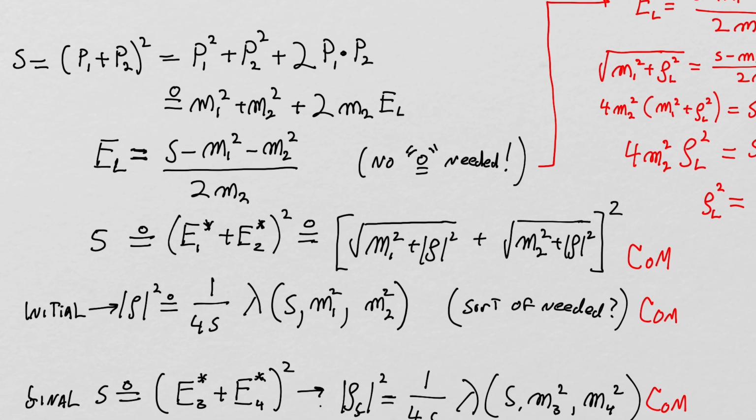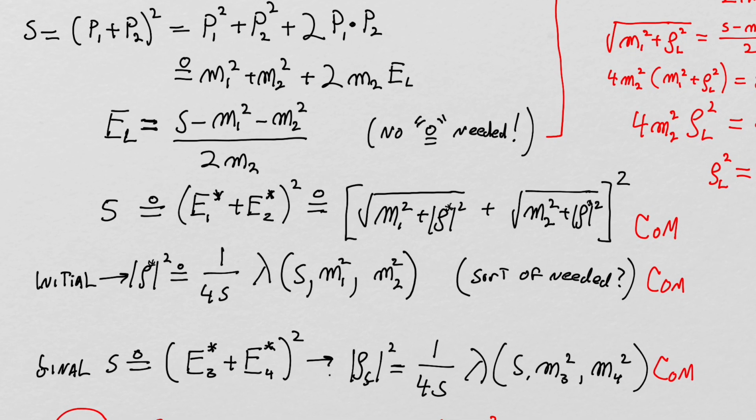But I just noticed I'm missing my little stars on all of these rows. Right? I need stars, and I don't have a sub 1 or sub 2 because there's only really one magnitude, because of the conservation of momentum.